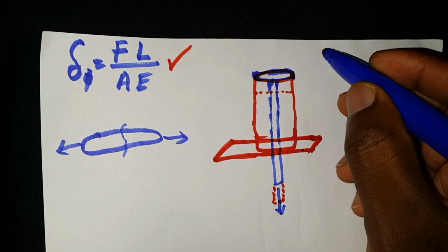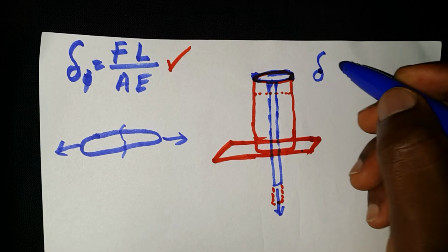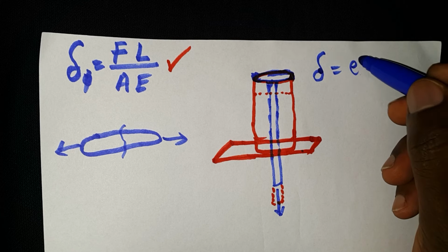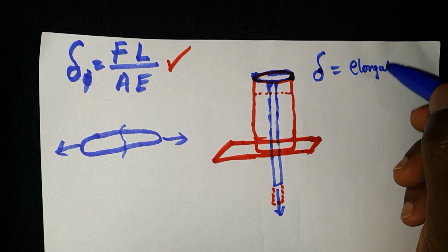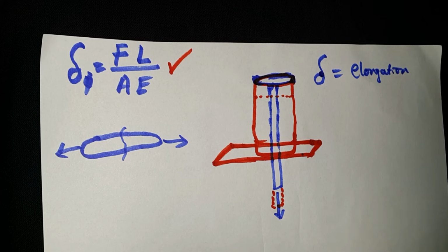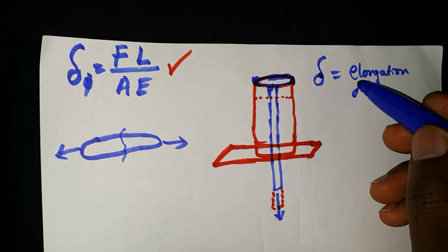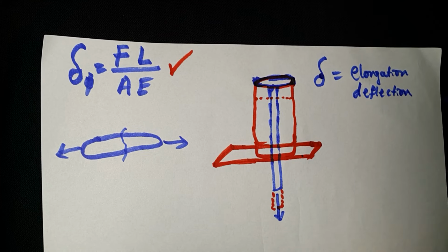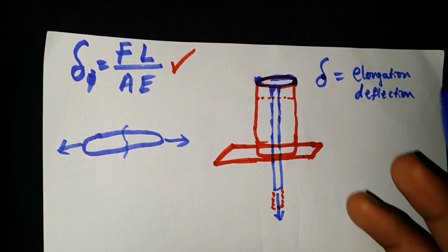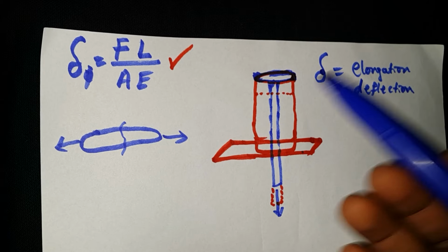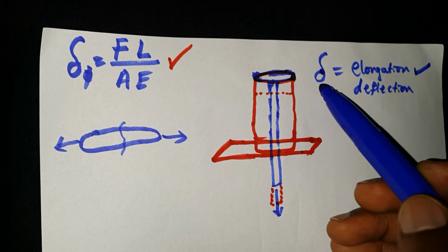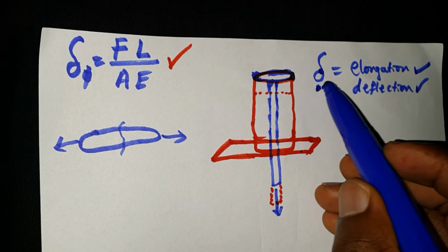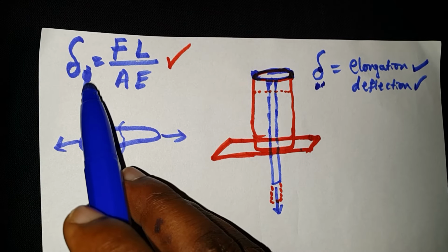Note that this is called elongation, while this is called contraction. In some questions they will ask you to find the elongation of this, or the contraction of it.